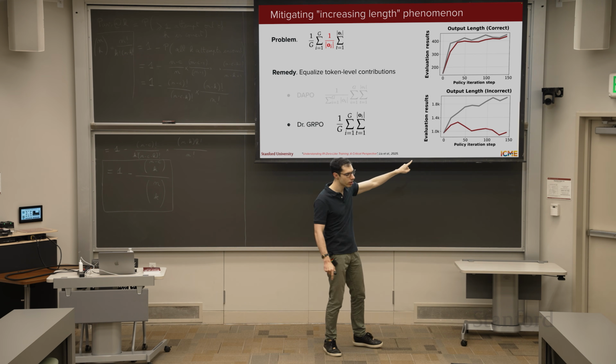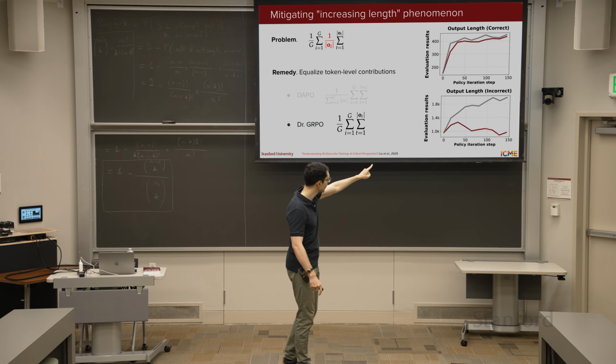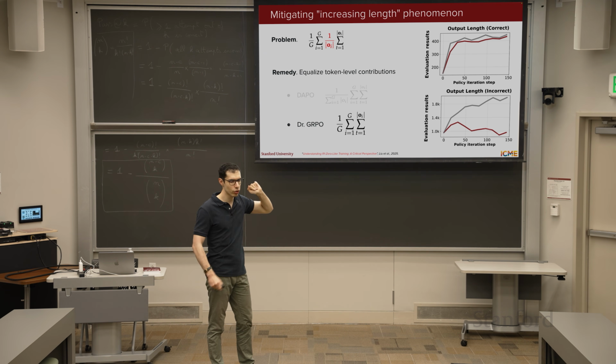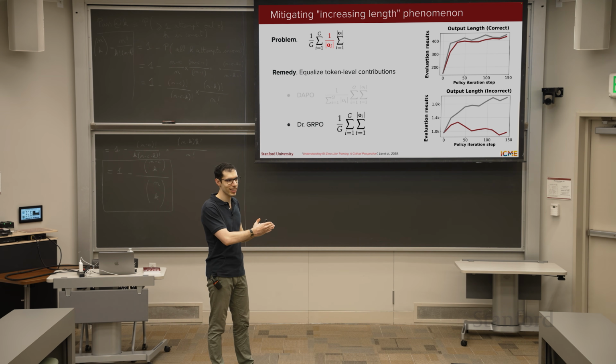That's the bottom right chart. So this adjustment is actually making the intended consequence. That's one very important modification that people typically apply.